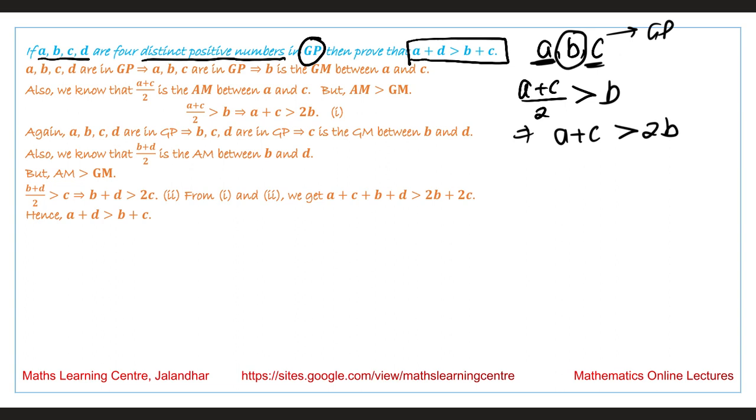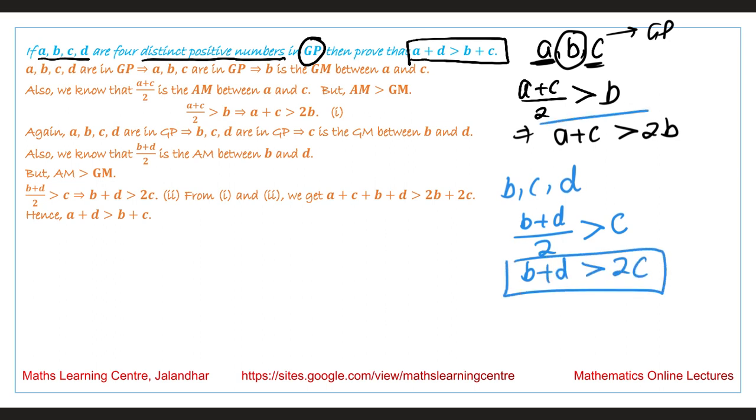Again we have b, c, d are in GP. So we obtain that (b plus d) by 2 is greater than c. So we obtain b plus d is greater than 2 times c. We have these two results now.